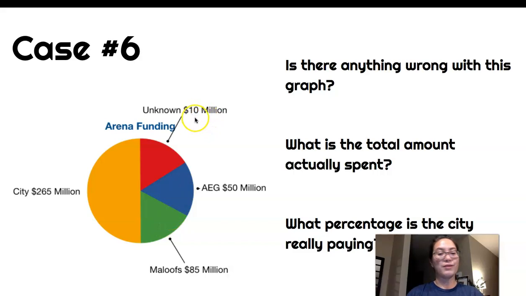Well, this graph doesn't even show us the percents. So there's all kinds of stuff going on with this. If we were to do the math and sit down and do the percentages, we'd find that 265 million is actually more like 65%, and that 10 million is more like 2%. So this graph is all kinds of wrong, right?